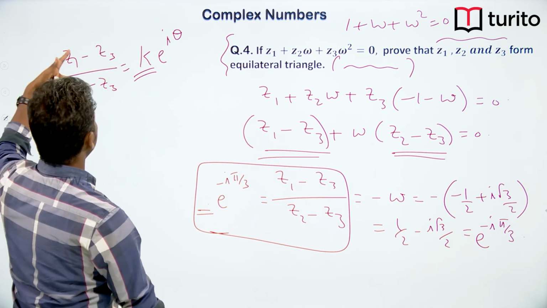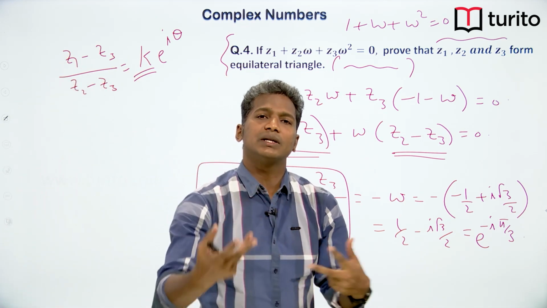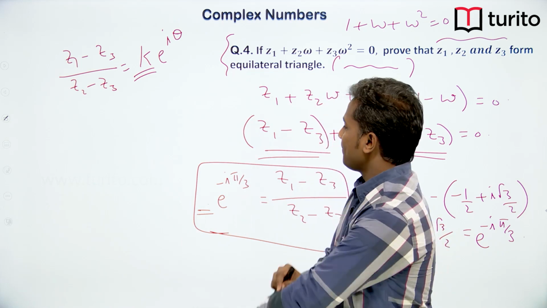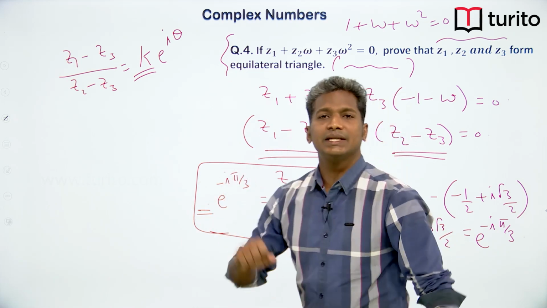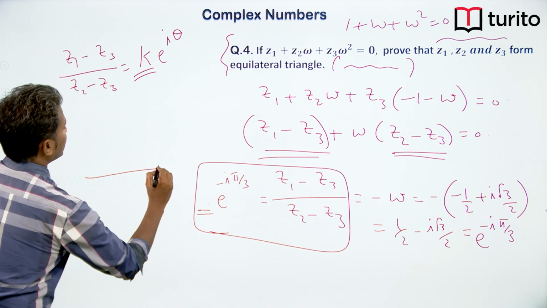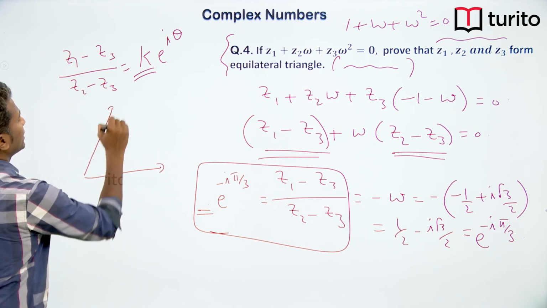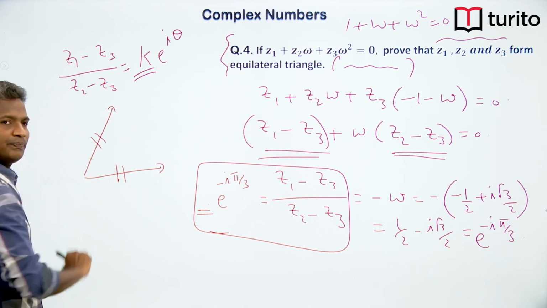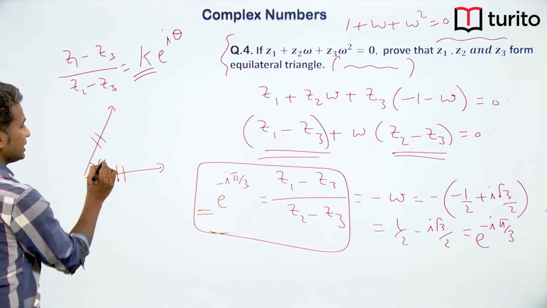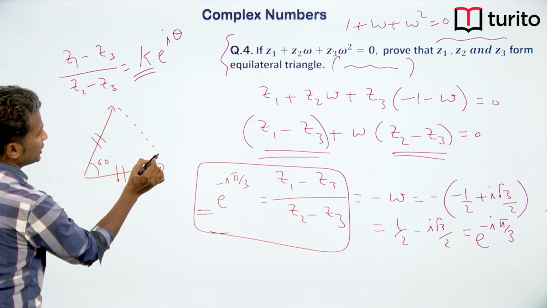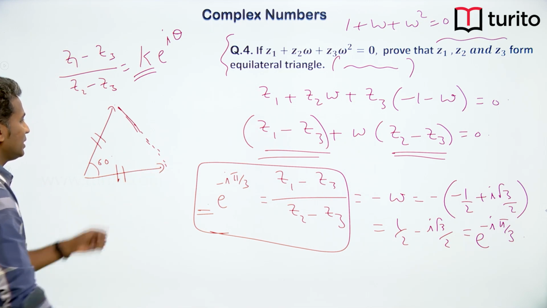k is 1 means these two vectors, numerator and denominator, have equal magnitude, and also the angle of rotation is 60 degrees. So, that means if you get one vector here and another vector here, and these two are equal and this angle is 60 degrees, then whatever we join here will also be equal.